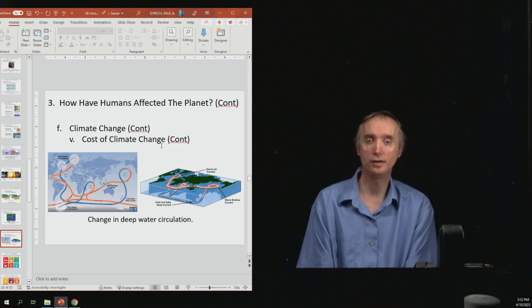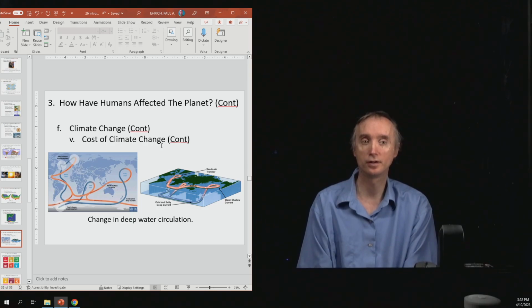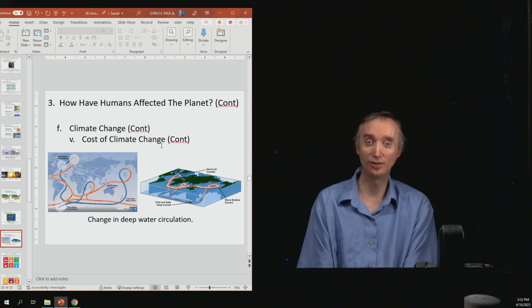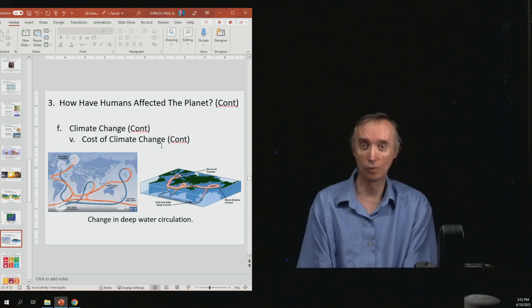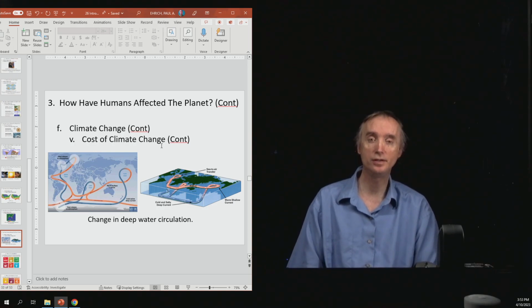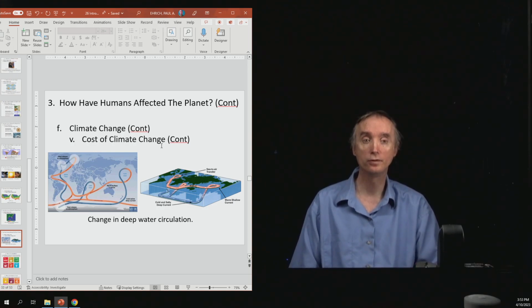So what would be the effect of global warming? Okay, well, one, it could warm up the water more than what it is today. On the other hand, if it warms up too much, it's going to be melting those ice caps at the North and the South poles, and then that's going to be dumping more fresh, cold water into the system.